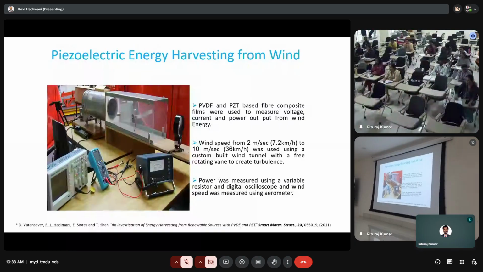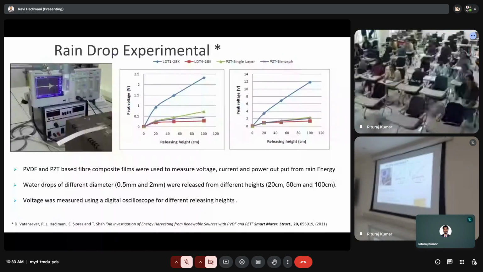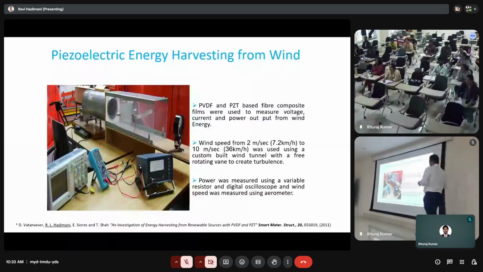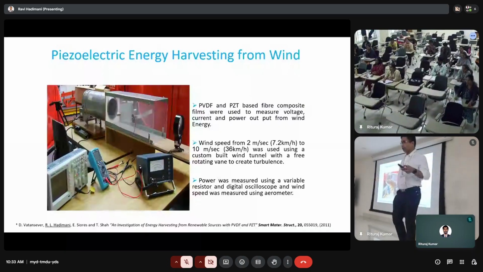My slides are a little random. I should have shown you poling, but before that, I'm showing an application. I embarked on this project immediately after my PhD. We wanted to make piezoelectric PVDF fibers that can be knitted or woven into garments.